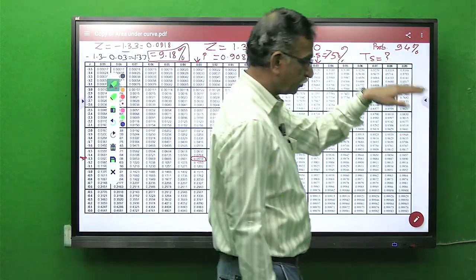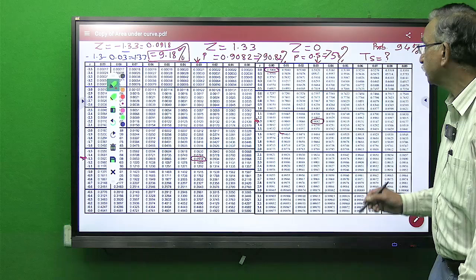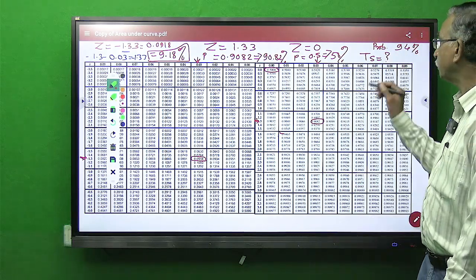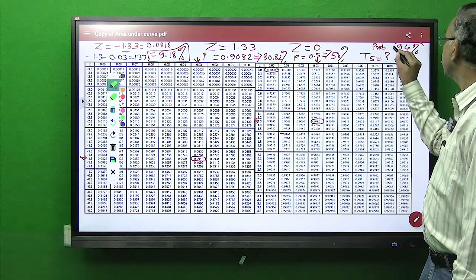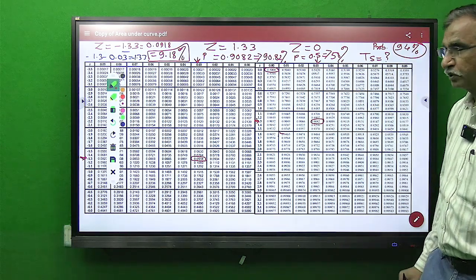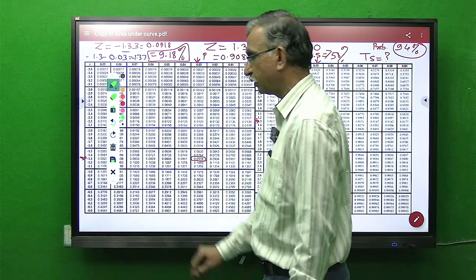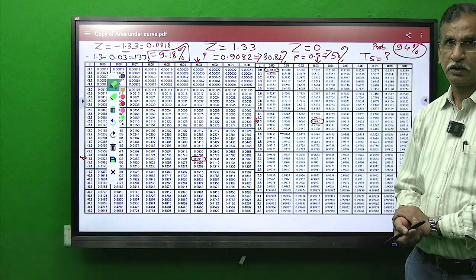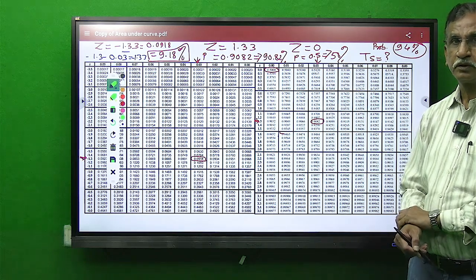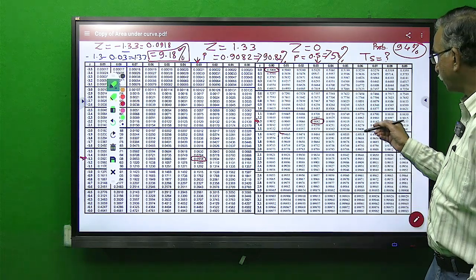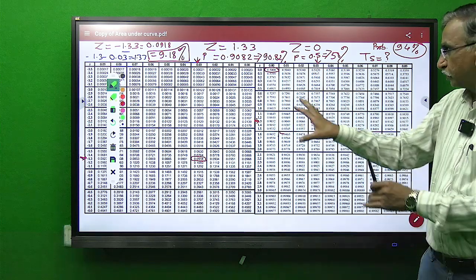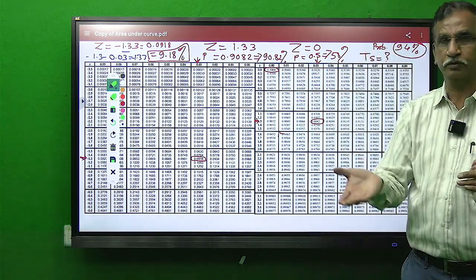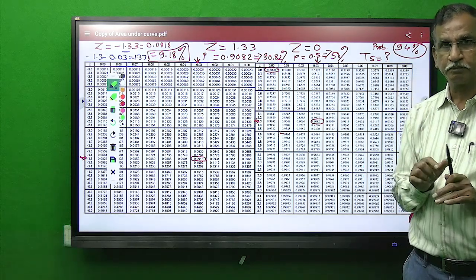Now reverse way, how to tackle the situation when probability is given. Now here the probability given is 0.94. So what method we have discussed, that here first you have to find the z for 0.94. You know, see all values 0 to 3.5. This is a very important point I am telling.